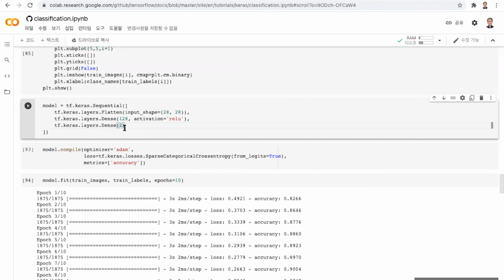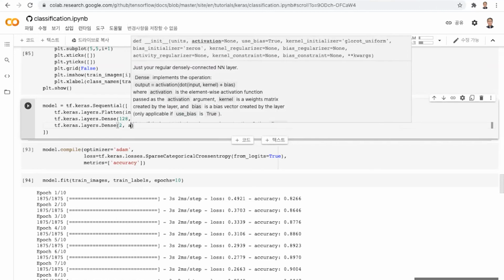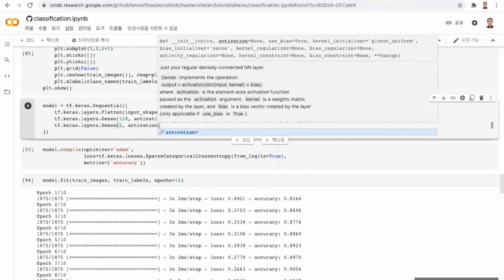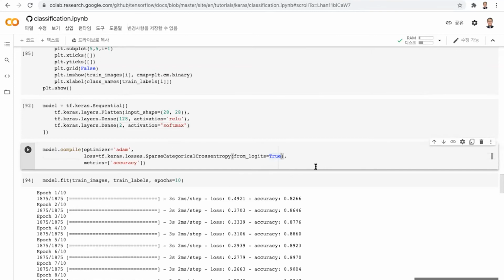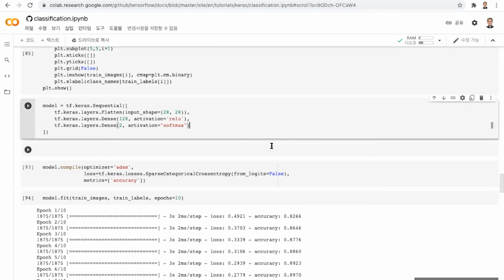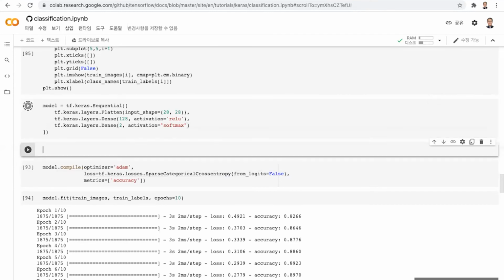So let me change it, and I want to make the activation softmax. For me, it's more intuitive to make it probability, and then it's not from logit, so it's false.